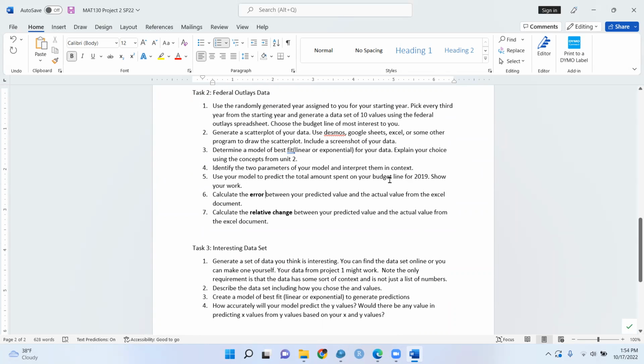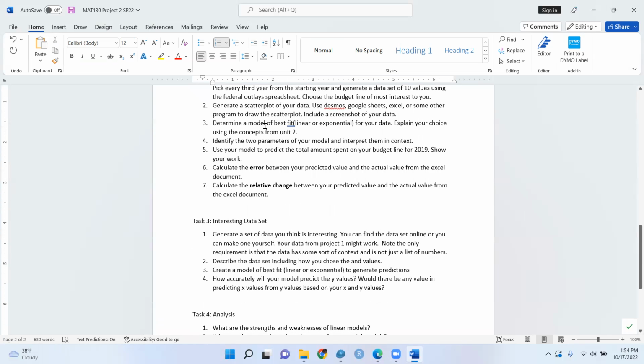And so for this one, you're predicting the value for 2019. And notice I said use a randomly generated year assigned to you for your starting year. Just pick a year between 1962 and 1970 and you'll be fine. Any year between there, and then you're picking any category on that you want, any line item in that Google spreadsheet, and you're generating those 10 data values.